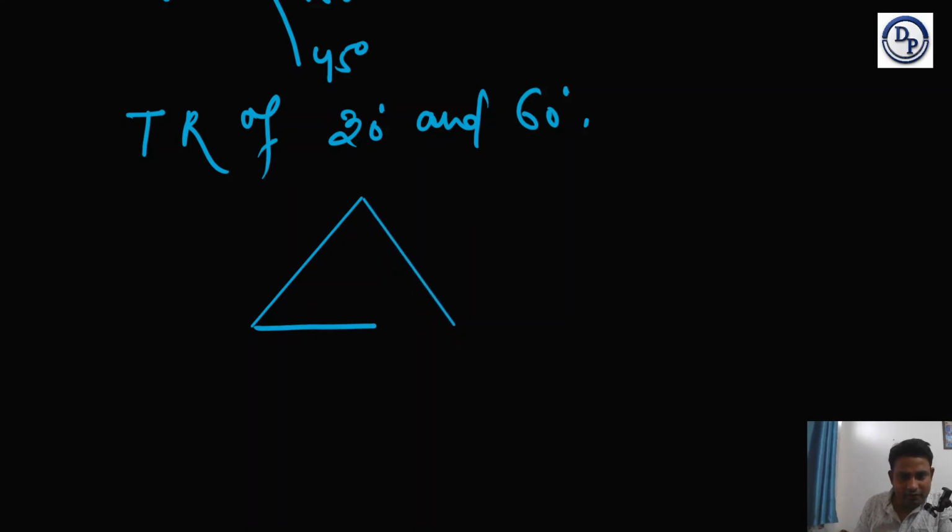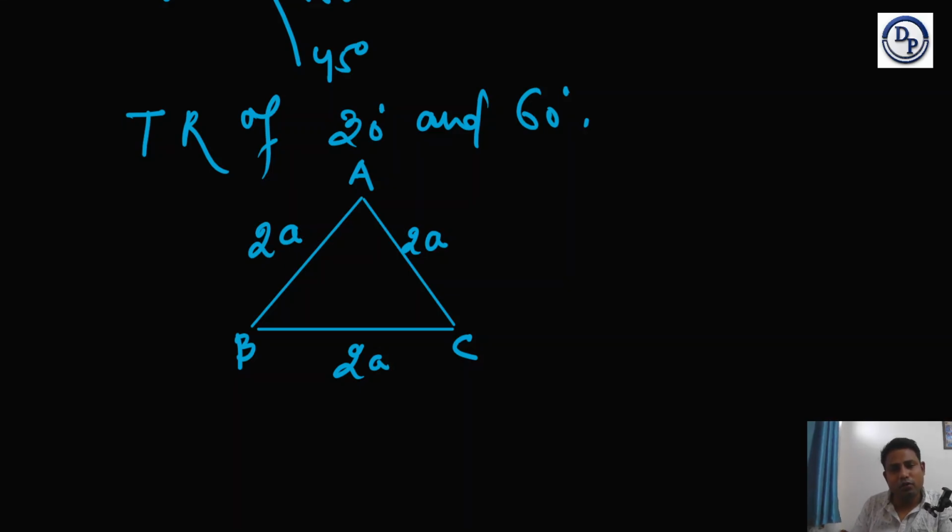like this. Okay, we draw an equilateral triangle. This is A, B, and C. Let's put the sides as A and A, or you can make it 2A and 2A. Now I have drawn a perpendicular line from here to here, that is the altitude of this triangle ABC.